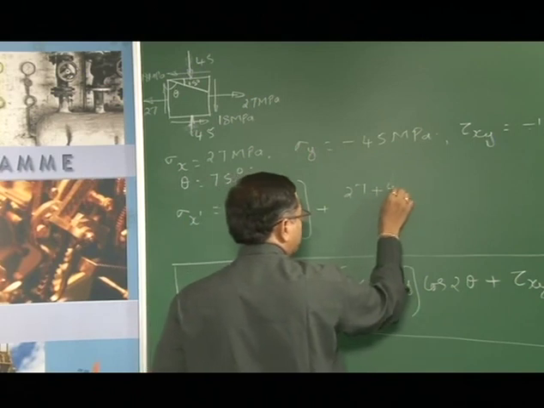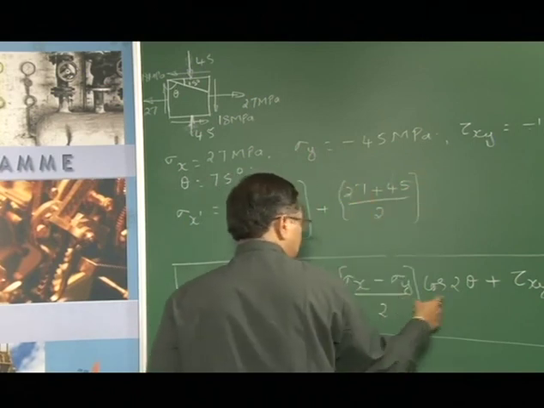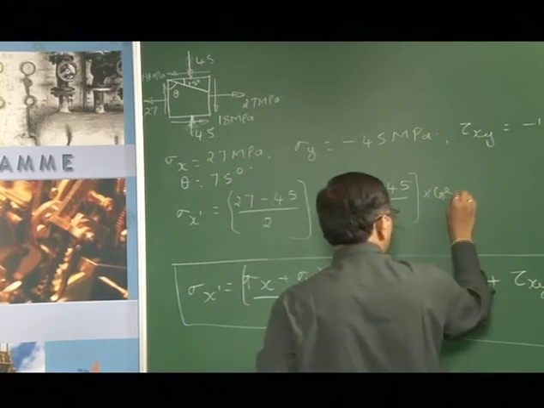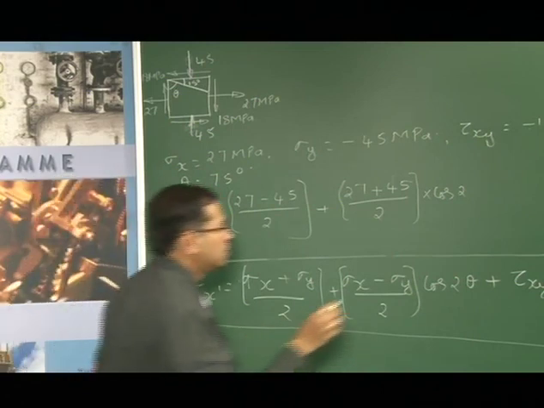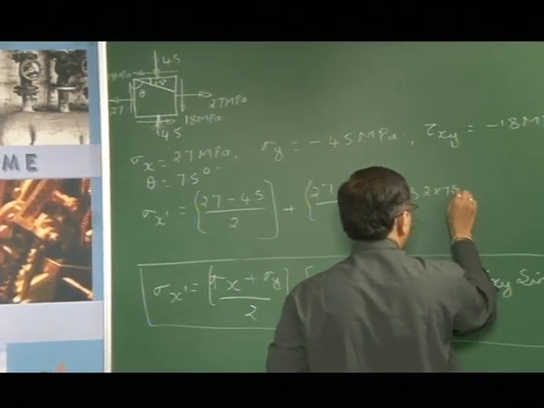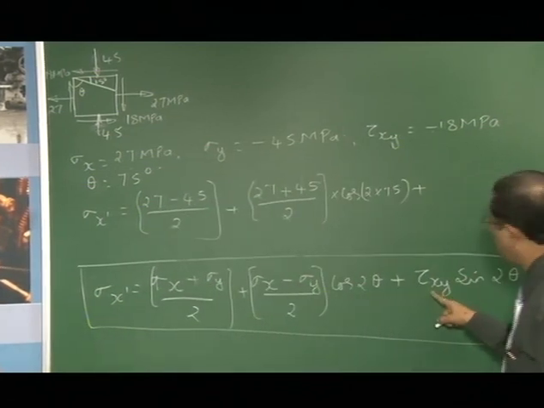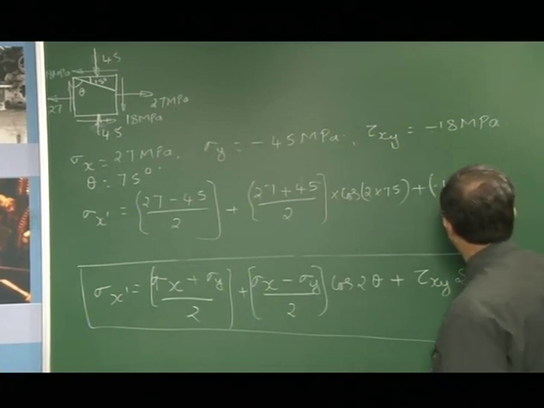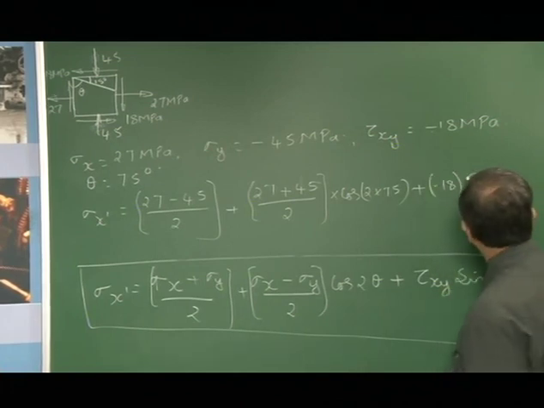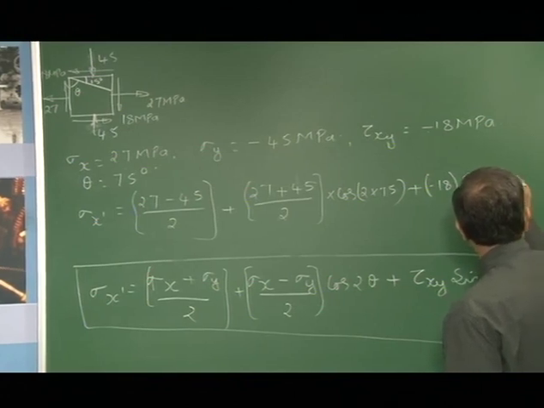So, this becomes positive, plus 45 divided by 2, this into cos 2 theta, theta in this case is 75. So, we have to multiply this with 75. So, we get this plus tau xy, in this case is negative. So, minus 18 into sine 2 theta, the angle theta is 75.